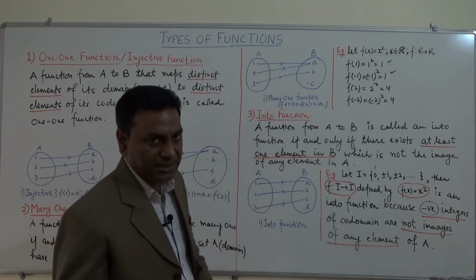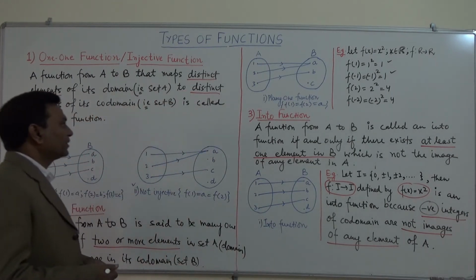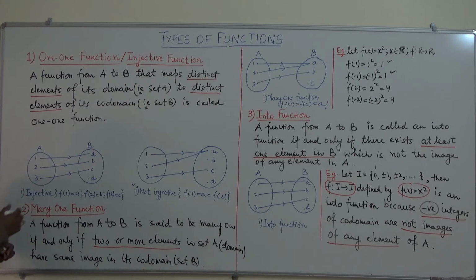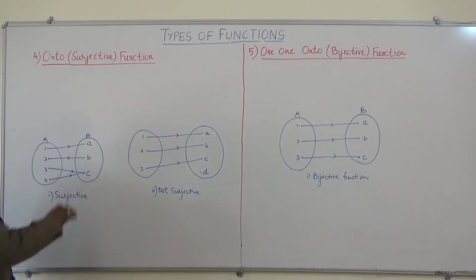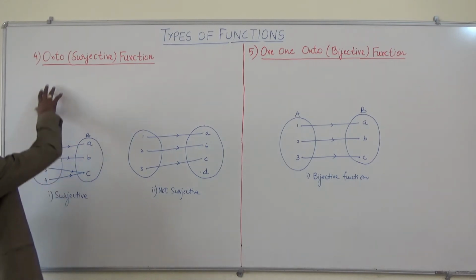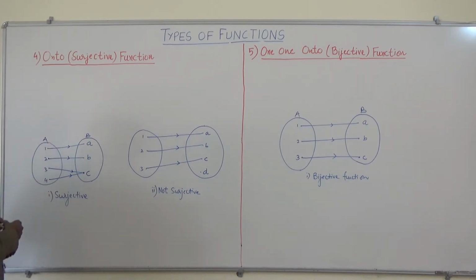Now let us see the fourth type of the function. The fourth type of the function is the onto function, also known as the surjective function.